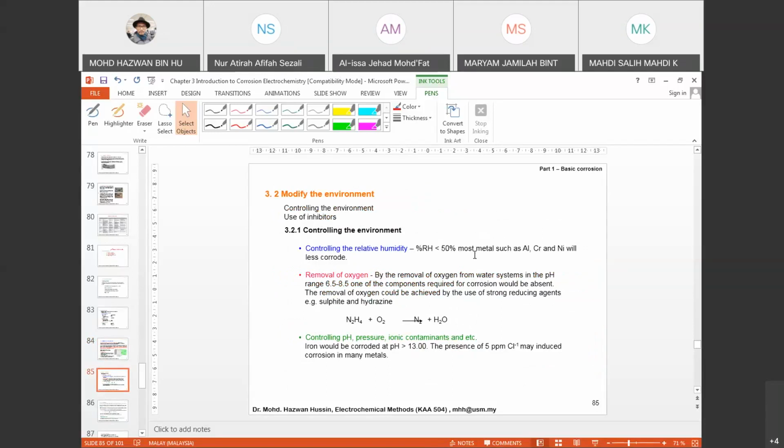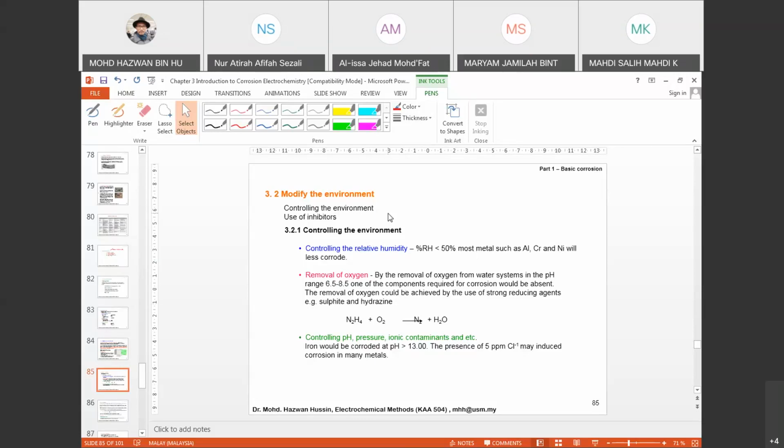All right, the next method is modifying the environment. The environment we always talk about when dealing with corrosion involves the presence of water, oxygen, and impurities like halides and ions. So you can control the environment first. If the environment is very humid, it is not good for metals, so you can use a dehumidifier, which reduces the relative humidity, RH.